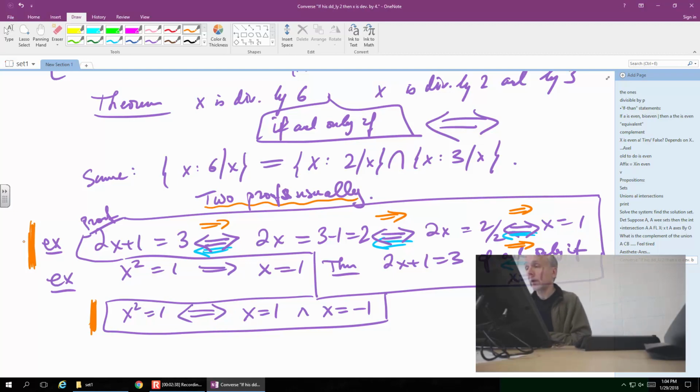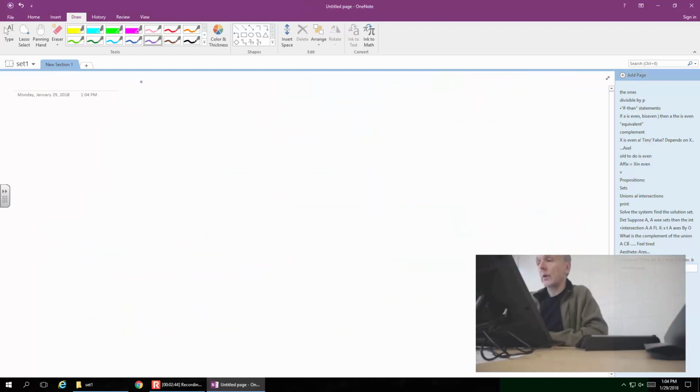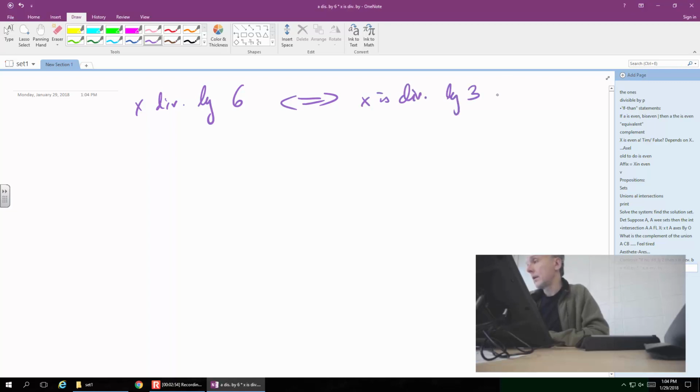So, for example, let me just outline what it might look like. Let me start with it. x is divisible by 6 if and only if x is divisible by 3 and x is divisible by 2.